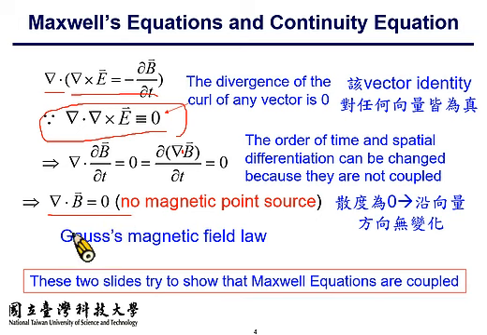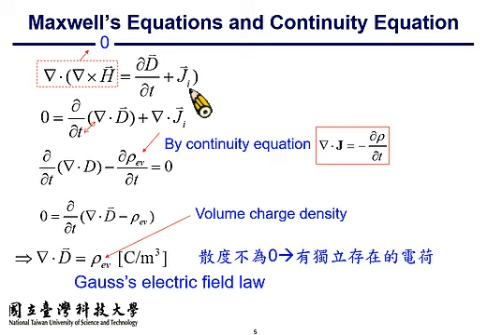So you see here the relationship between Faraday's law and Gauss's law of magnetic field, and you can see that the magnetic field is somehow related to the electrical field. For time variant fields, the electrical field and magnetic field cannot be separated. They are not decoupled. The same principle can be applied to Ampere-Maxwell law.